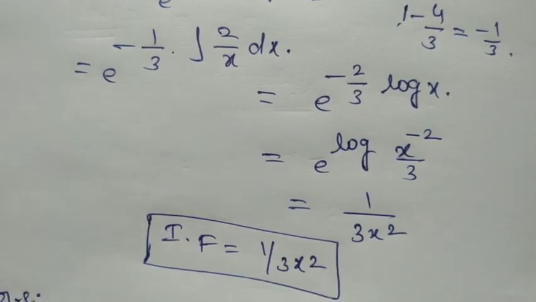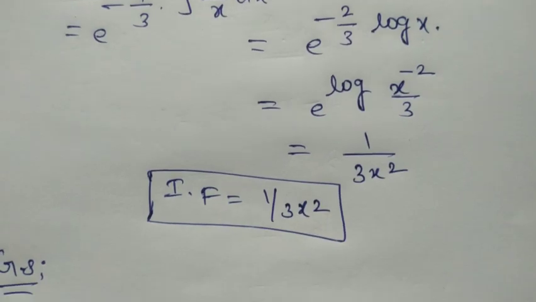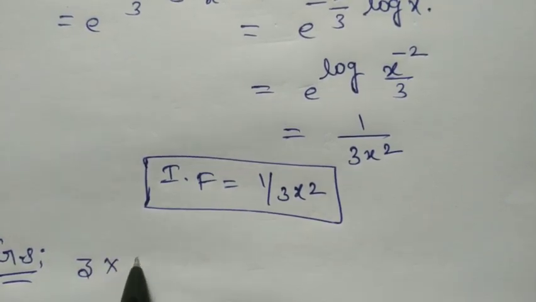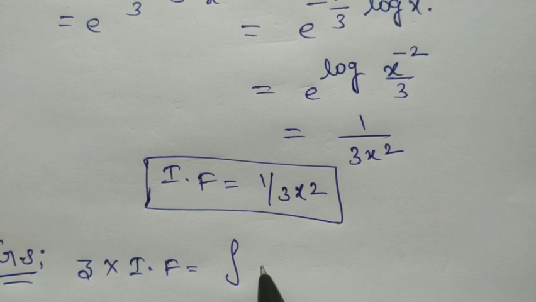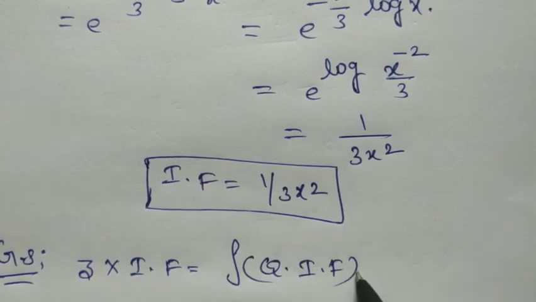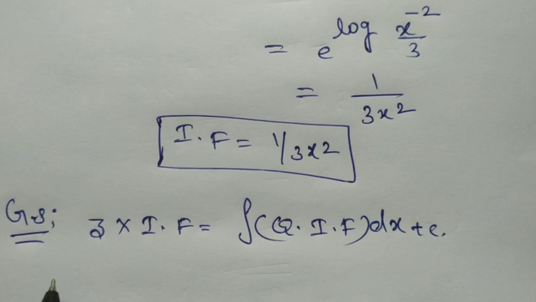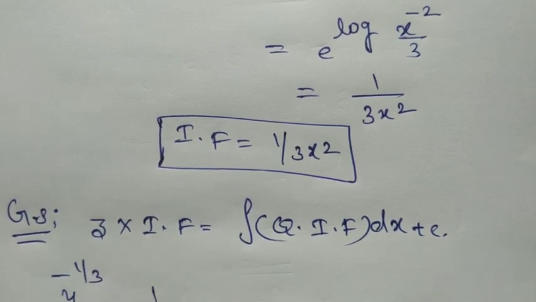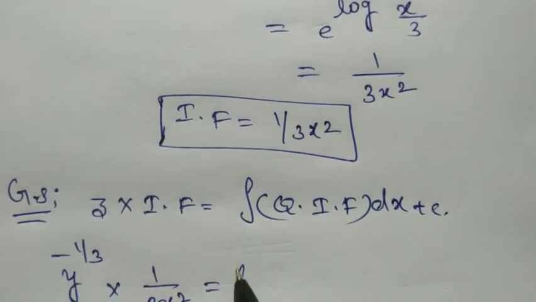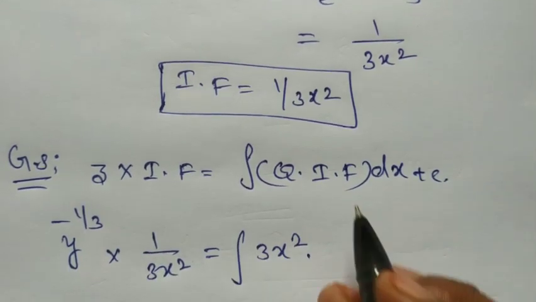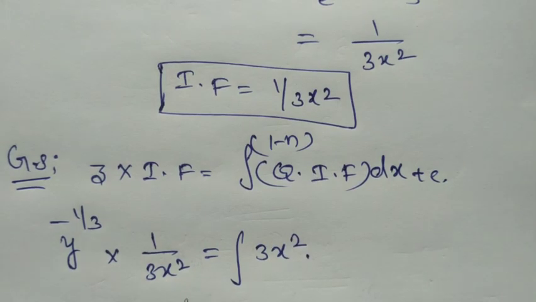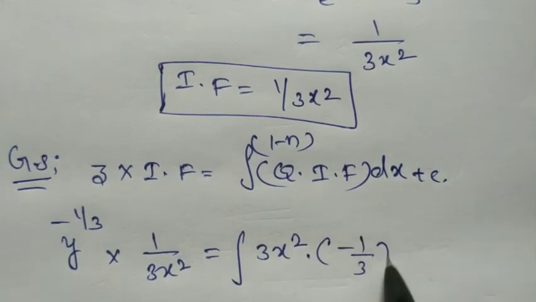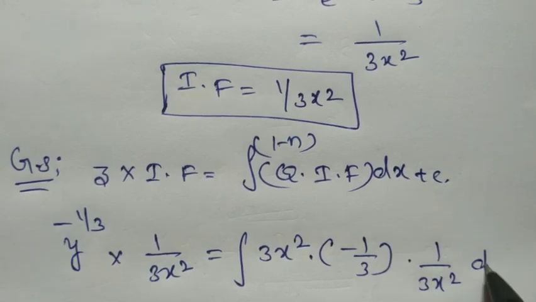So the general solution is z times the integrating factor equal to the integral of Q times the integrating factor dx plus c. Here z = y^(1−n), so y^(−1/3) times the integrating factor equals the integral of 3x² times the integrating factor, with 1 − n = −1/3, dx plus c.